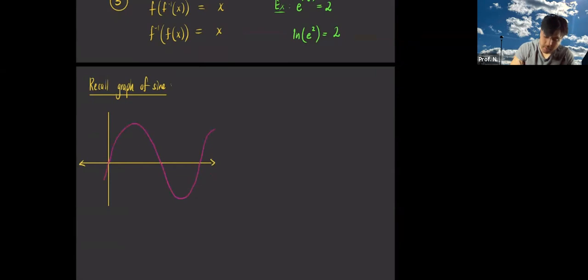And of course, guys, this repeats itself. This is pi. This is 2 pi. This is 1. This is -1. Okay, so this is what we got. And then this is pi over 2. This is negative pi over 2. This is 3 pi over 2. So on and so forth.